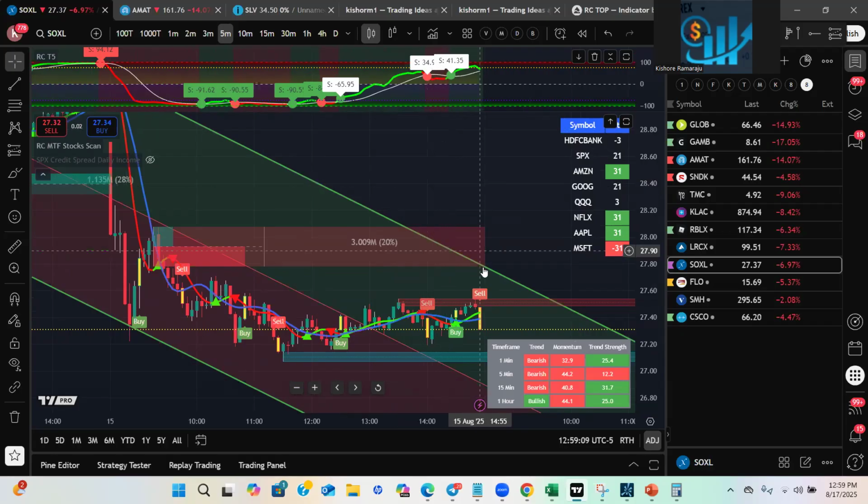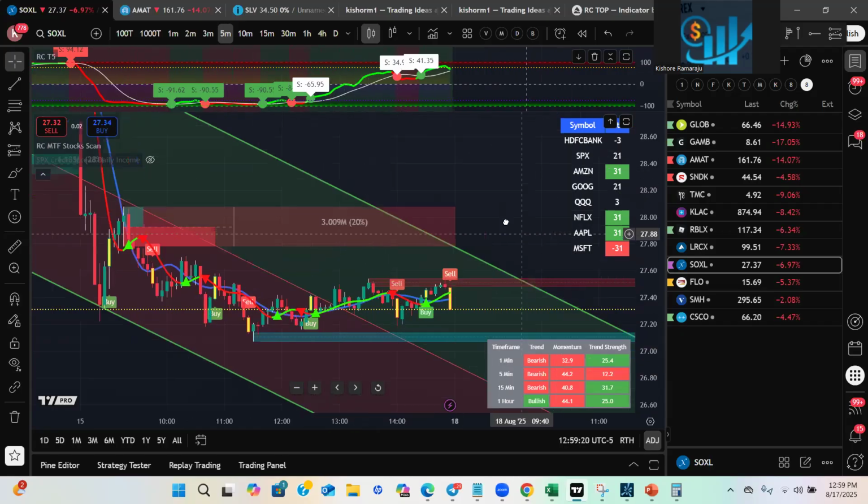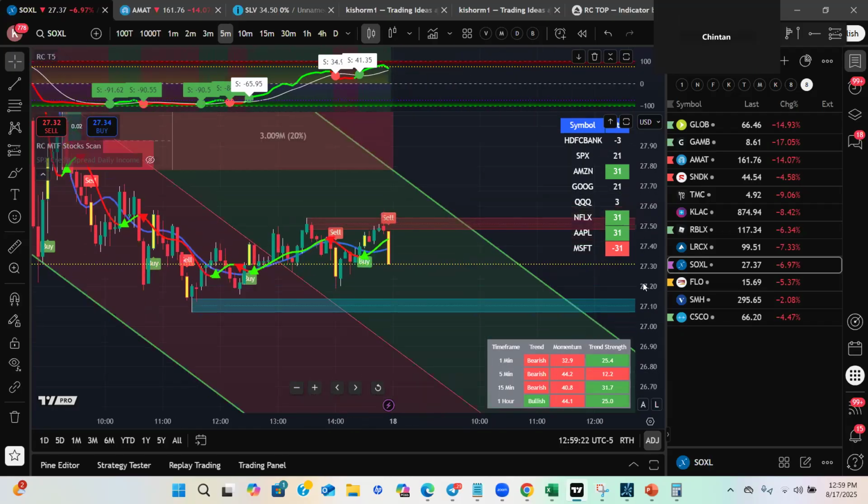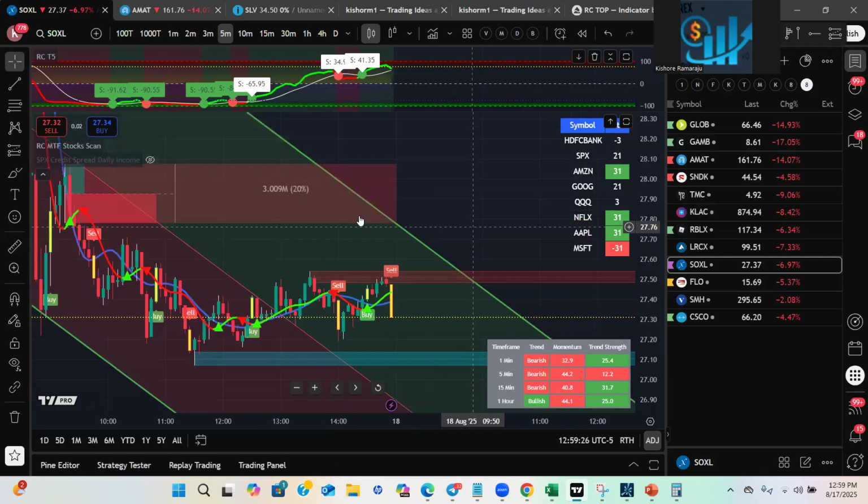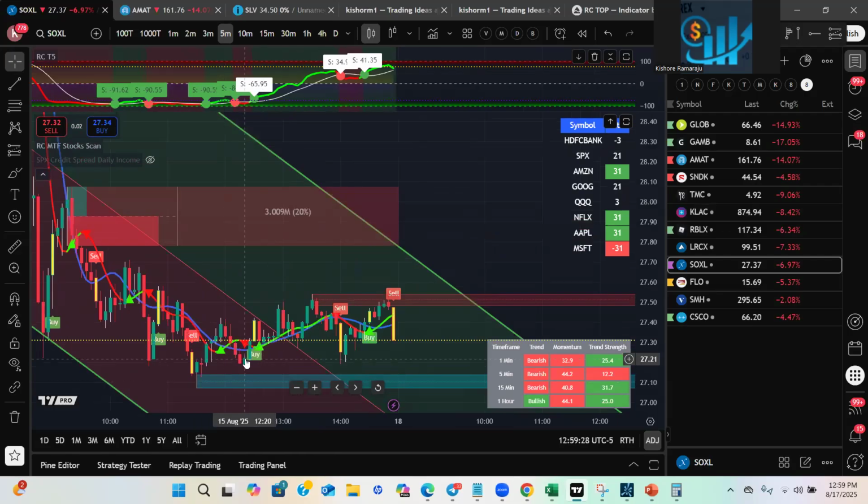That means if it goes up, you are making a profit. If it goes down, you are collecting that rent. Those premiums will be 100% yours. So if you are bullish about a stock, you do the cash secured put. If you are bearish about a stock and you are holding it, you do the covered calls. That means instead of just holding the stock, you are collecting some rent on that.